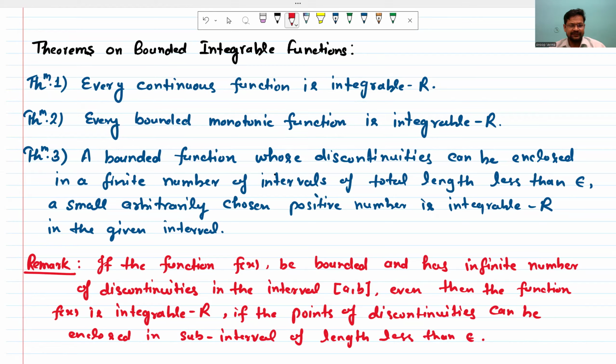So this is the same as the previous result.